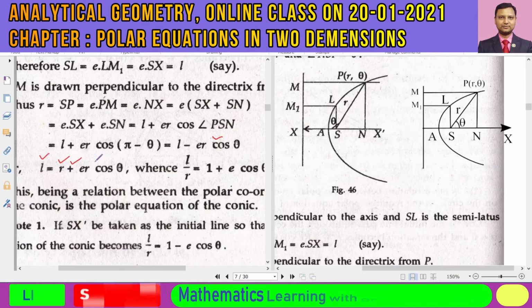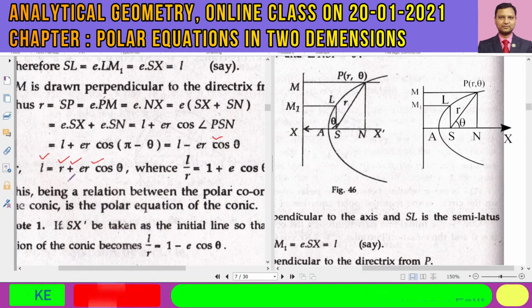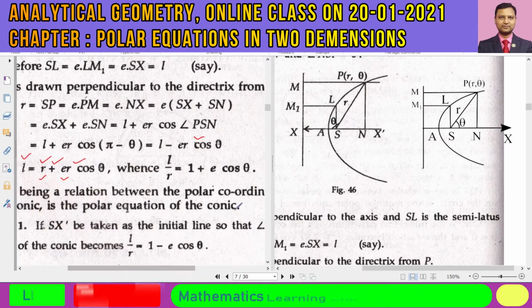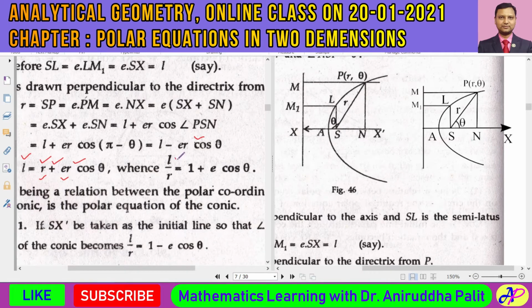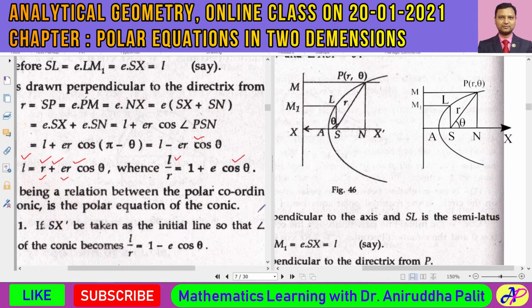So plus E into r cos of theta. So we can take one r common and divide the entire expression by small r. So if we divide the entire expression by small r, then what we shall have? We shall have L by r is equal to 1 plus E cos of theta.